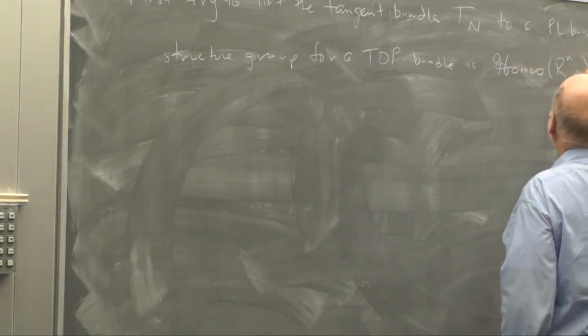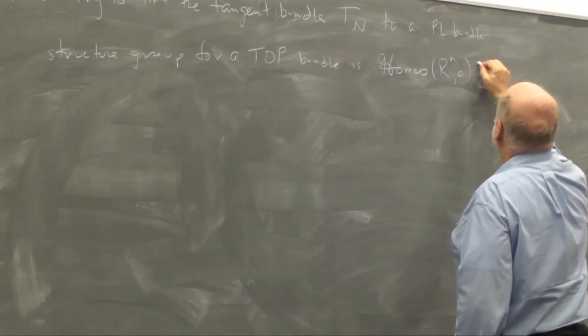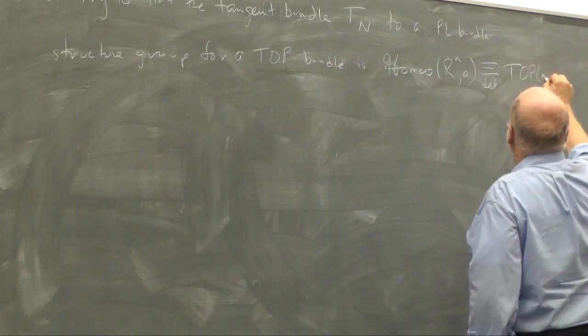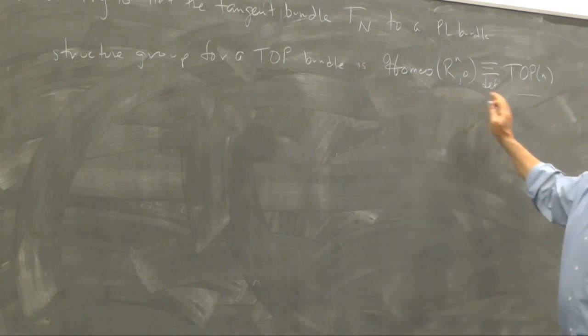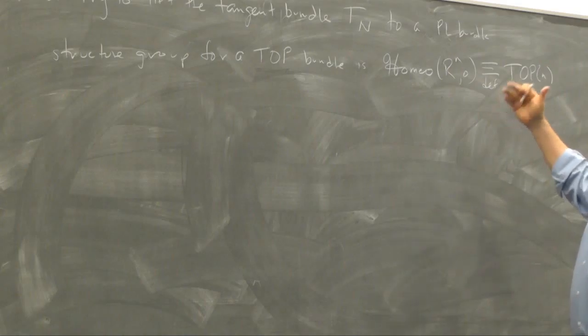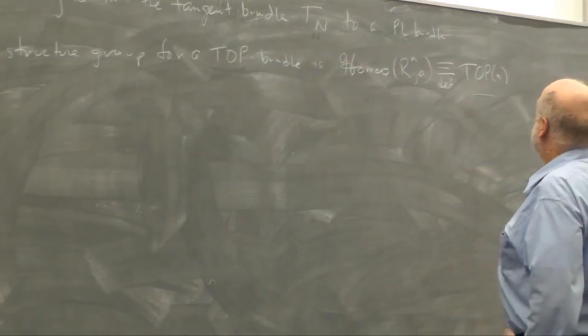Might as well fix the origin. But this is by definition what we call Top_N. That's the name we'll use from now on. It just means the homeomorphisms. So that's how fibers are glued together in just the world of topological manifolds.